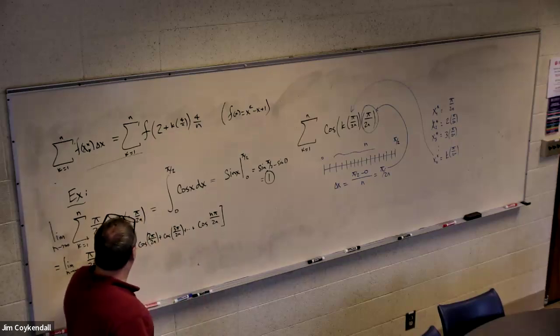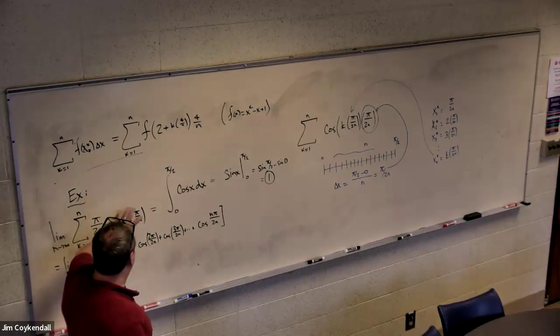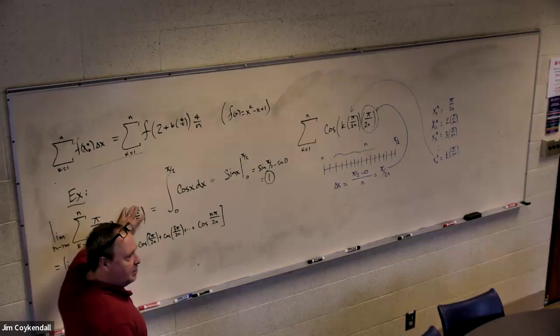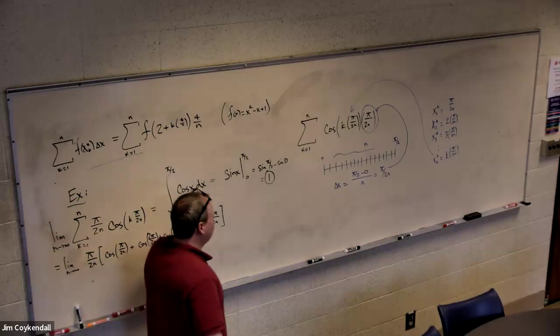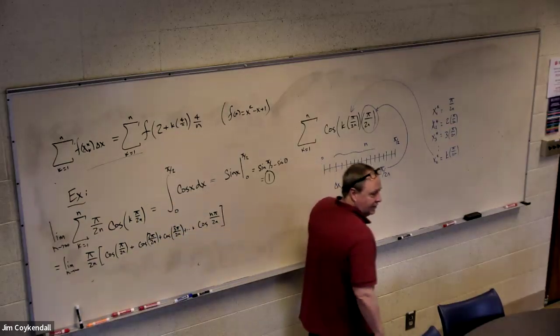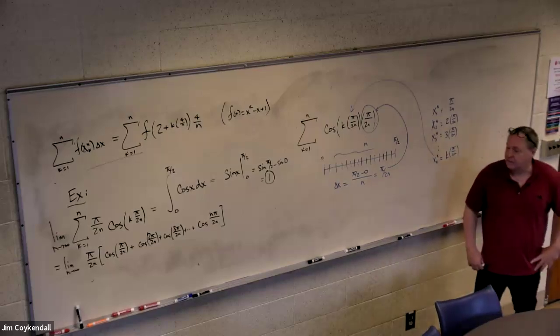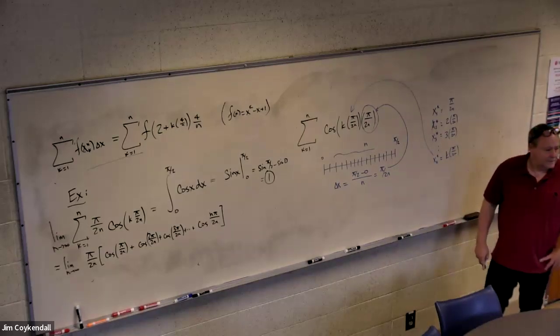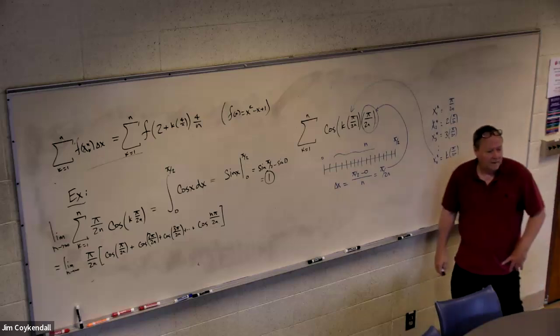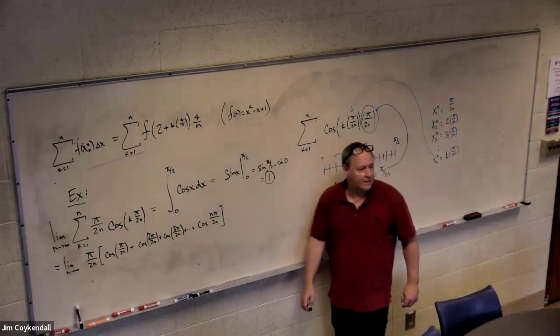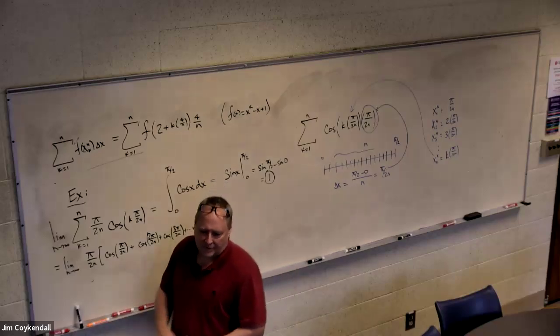The form of that looks familiar. This looks like a delta x, and this looks like endpoints. So maybe I can realize this is an integral and have a simpler problem on my hands. So now the fundamental theorem of calculus has even made a limit easier. Okay. Any questions?